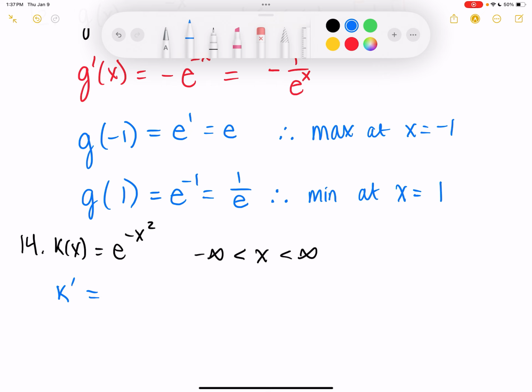No. Negative 2x e to the negative x squared, chain rule. So remember, the derivative of e to the whatever is always e to the whatever times the derivative of the whatever.